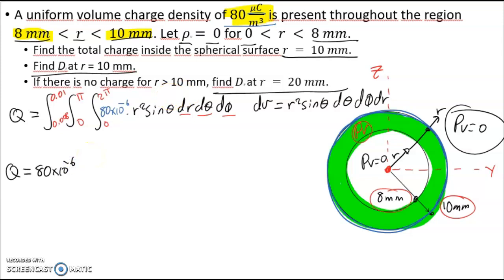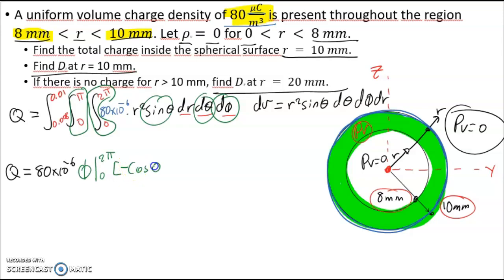Now, we already know some of these integrals. The integral of d phi from 0 to 2 pi will deliver phi evaluated from 0 to 2 pi. The integral of sine of theta d theta from 0 to pi delivers minus cosine of theta from 0 to pi. And we have the integration from 0.008 to 0.01 of radius squared dr. I know phi evaluated from 0 to 2 pi is 2 pi.